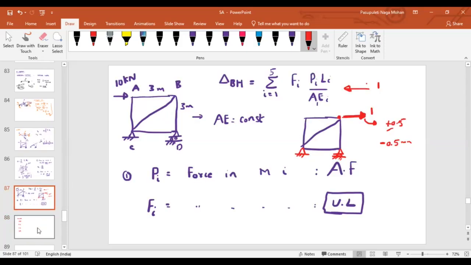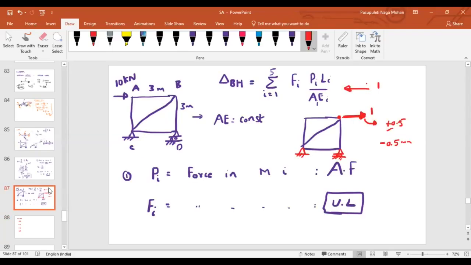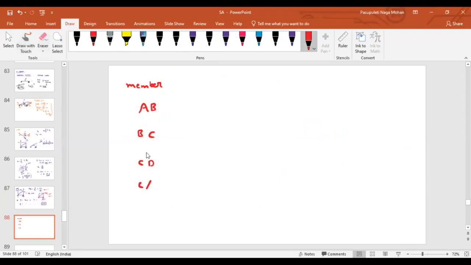AB, BC, CD, which one is missing? DA is not there. CA and BD. First, you have to find the member forces due to applied forces, then the forces due to the unit load, then the length of the member, and then the axial rigidity, and then multiply these values, P, F, L by AE.